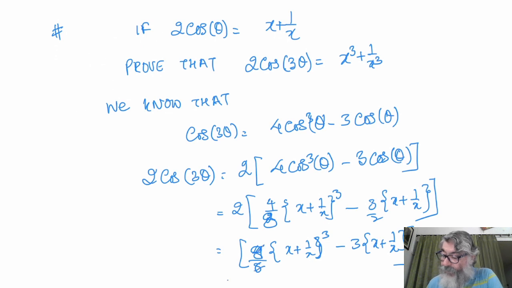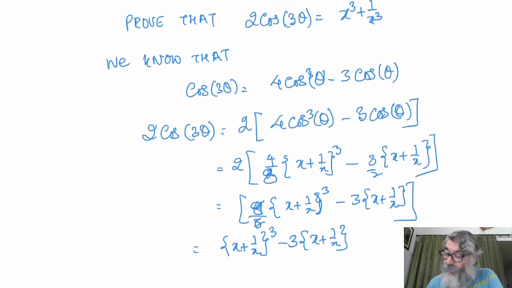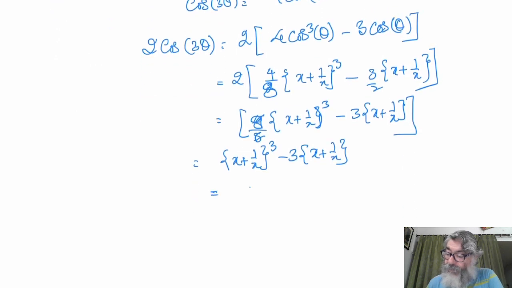So you will get x plus 1 upon x whole cube minus 3 into x plus 1 upon x, which is nothing but x cube plus 1 upon x cube. I'll tell you how it is x cube plus 1 upon x cube.